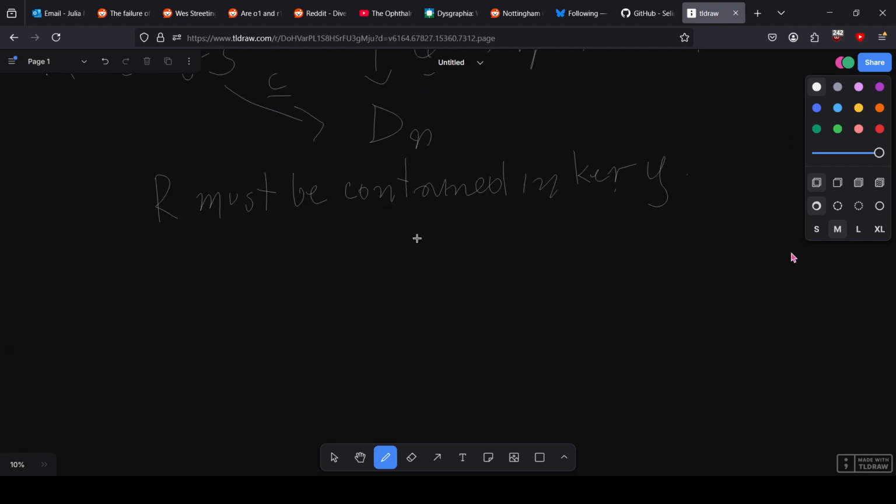So what happens now is we can use the mapping property of normal subgroups as follows. We let N be the normal subgroup generated by our relations.